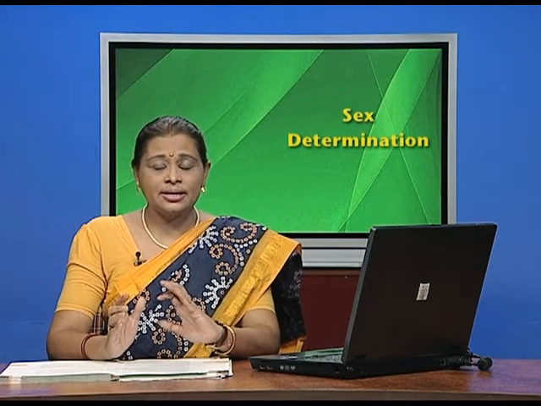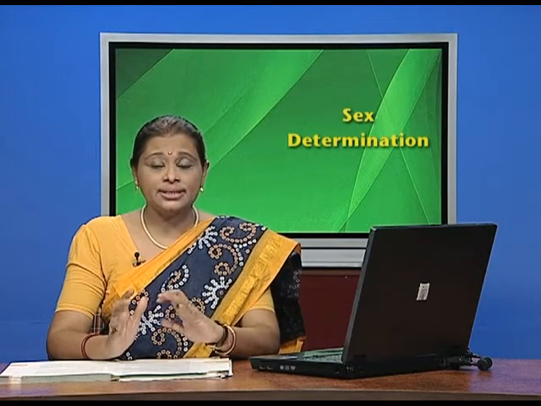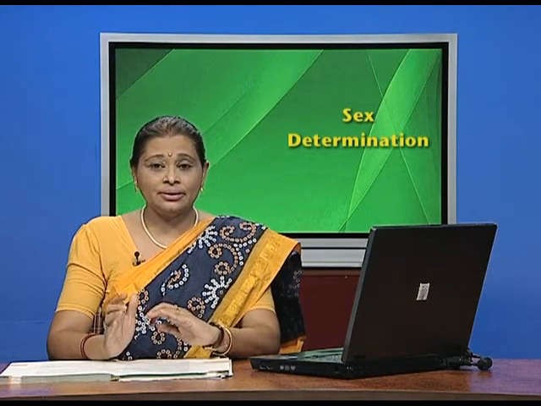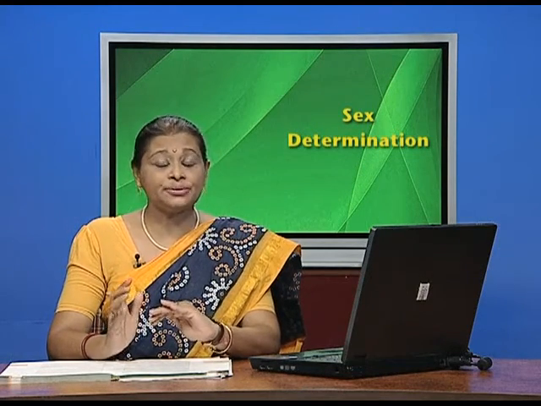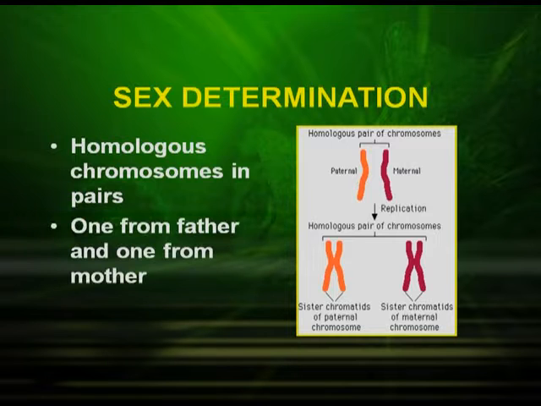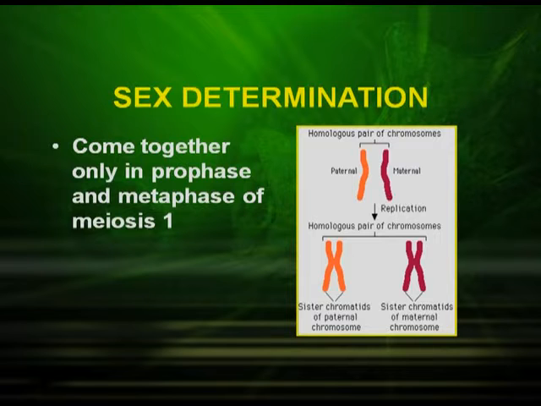Now, let us see a very important topic and discuss sex determination in different organisms. Let us recall the homologous chromosomes that we studied in meiosis: they occur in pairs. Out of these 2 homologous chromosomes, one is from the father and the other is from the mother, and they come together in prophase and metaphase of meiosis 1.